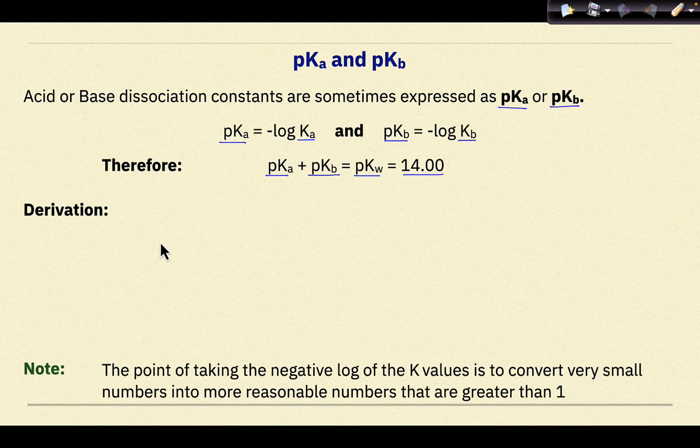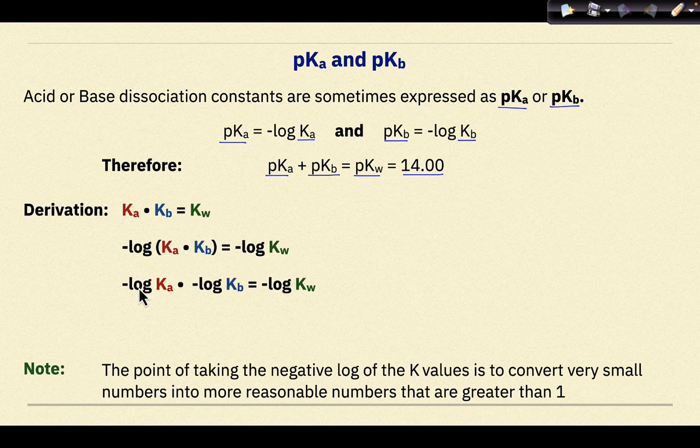The derivation of this formula starts with Ka times Kb is equal to Kw. If we take the negative log of both sides, distributing that with the Ka and Kb values, that will equal the negative log of Kw. Distributing the negative log gives us negative log of Ka plus negative log of Kb equals the negative log of Kw.